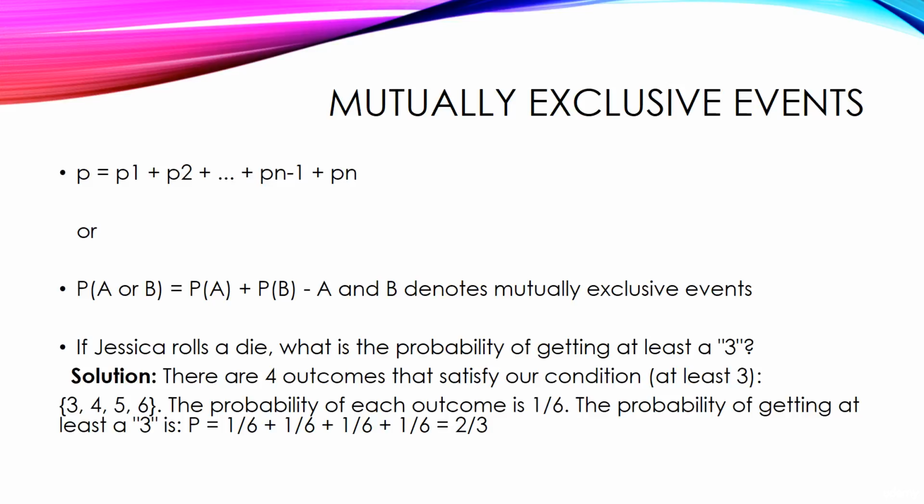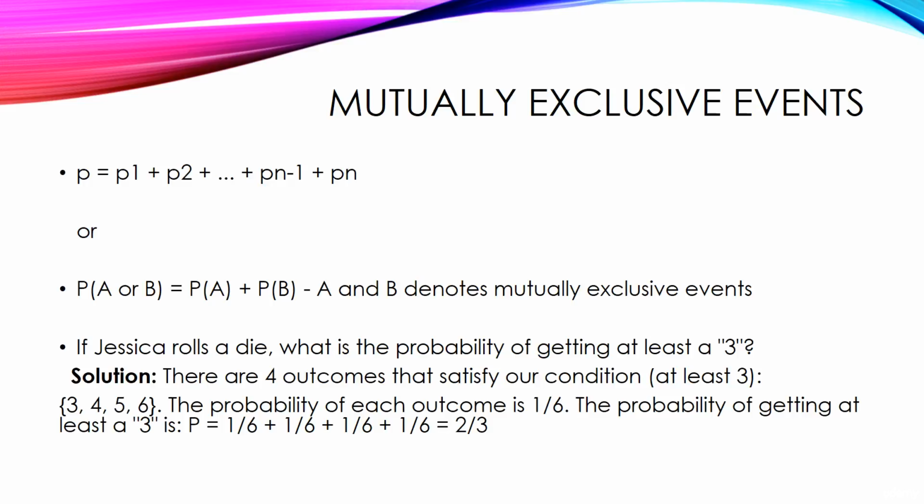P is equal to P1 plus P2 plus so on plus Pn minus 1 plus Pn, or P of A or B is equal to P of A plus P of B, where A and B denote mutually exclusive events.